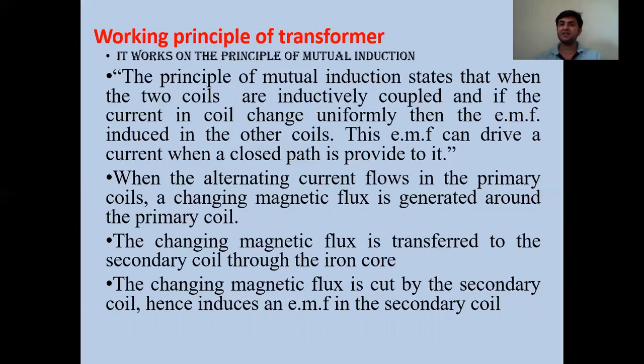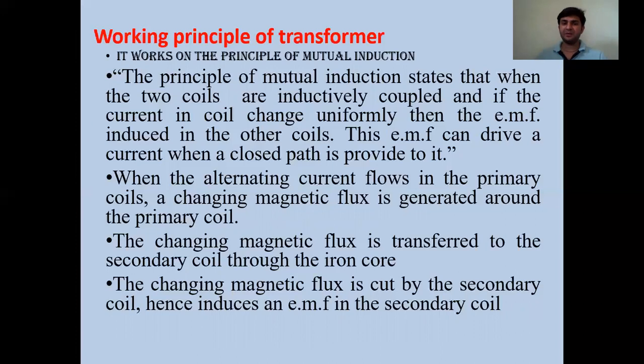When alternating current flows in the primary coil, a changing magnetic flux is generated around the primary coil. We also know that the primary winding is connected to the alternating source. As soon as this winding is connected across the alternating source, alternating current flows through the primary winding.